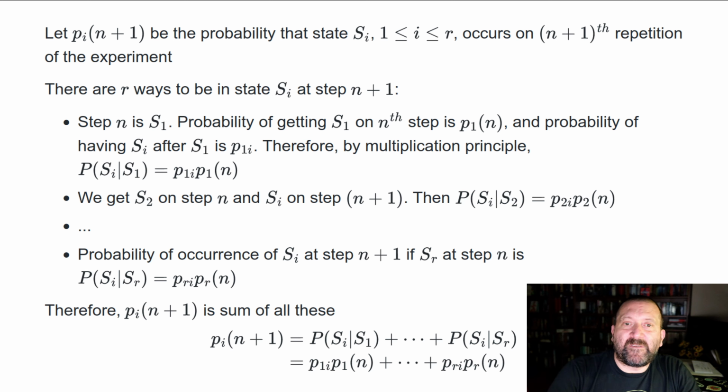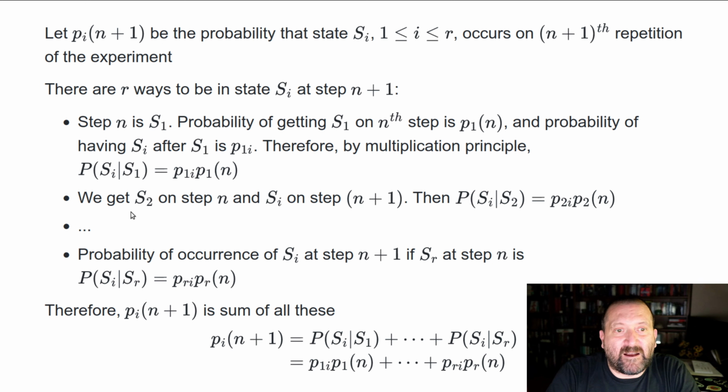And the probability of being in state 1 at the nth step is P_1(n). We've just defined this. And we define P_1i to be the probability to go from state 1 to state i. So the probability that I'm in state i, given that I was in state 1 the previous time unit, is P_1i, the probability of going from 1 to i, given that at time n I was in state 1.